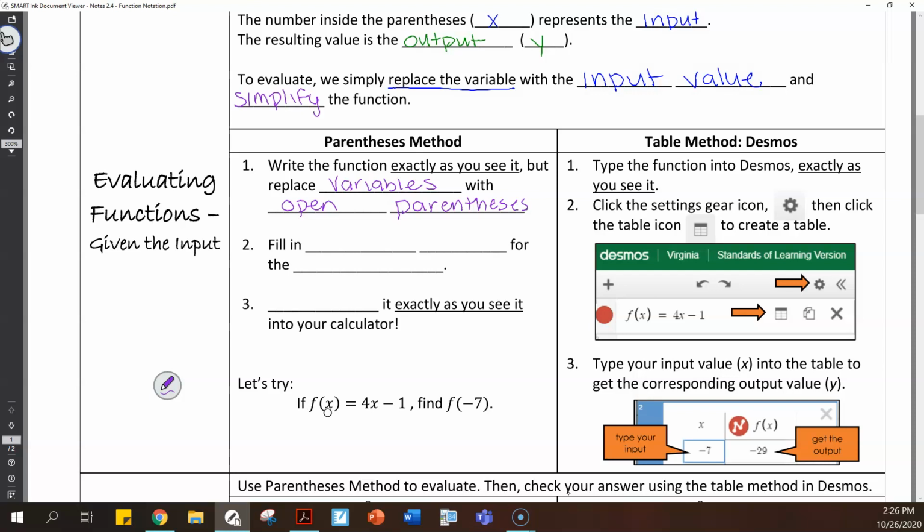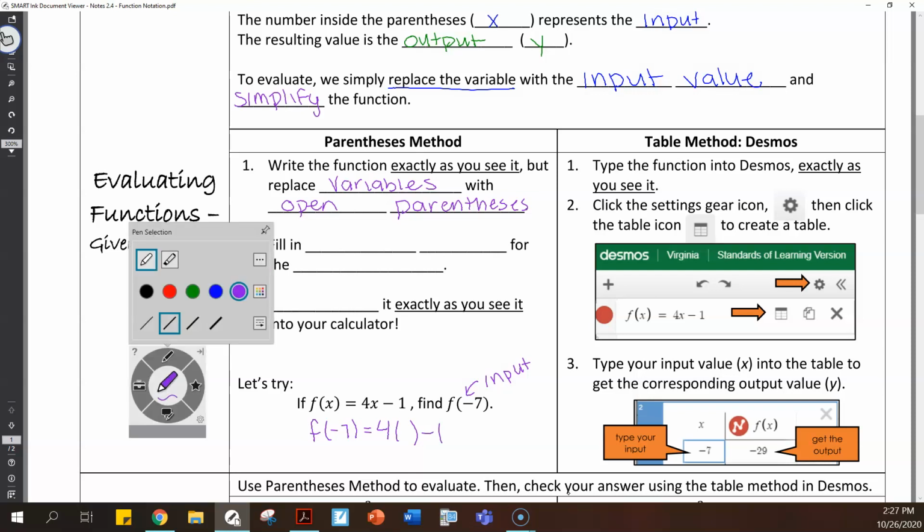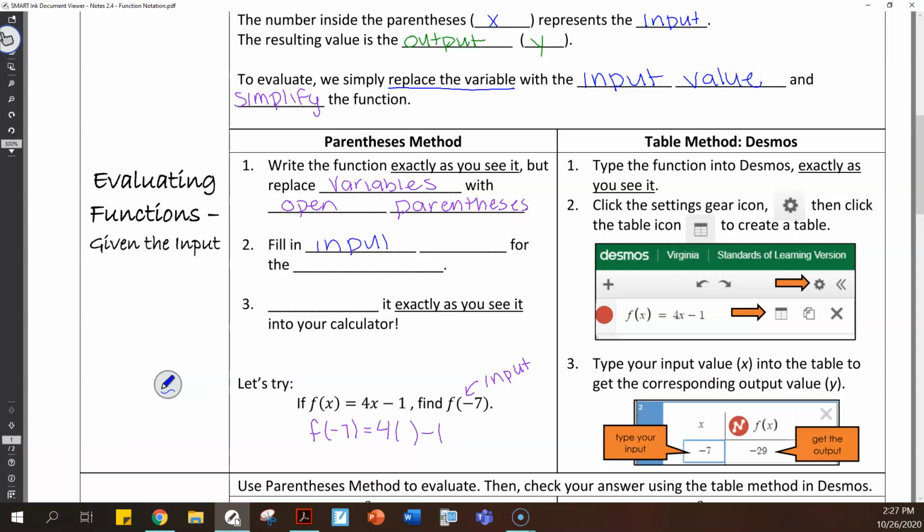Okay, so if I have f of x equals 4x minus 1, well then f of negative 7, remember negative 7 is my input value. I'm going to write the expression exactly the way I see it. 4, x becomes parentheses, minus 1. And then anywhere I see an x, I am going to fill in my input value wherever the parentheses are.